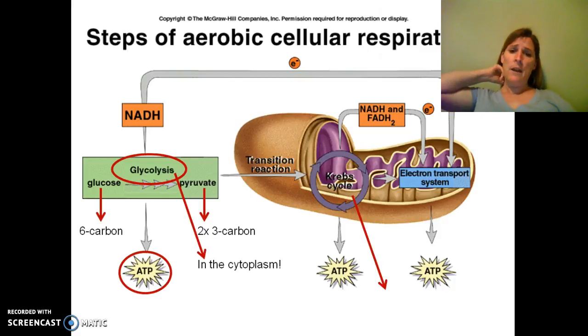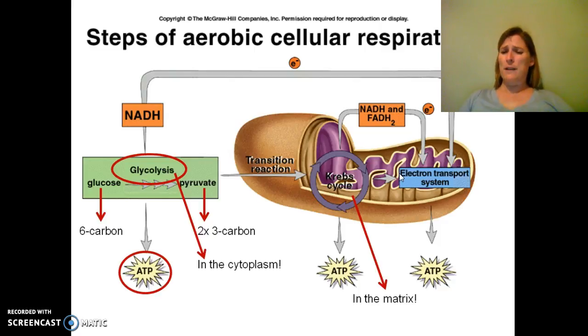Now the Krebs cycle has a lot of steps in it that you don't necessarily need to know, but what's important is that we are going to make NADH and FADH2, and they're going to be stored as energy so that we can then use the electron transport system in that inner membrane to release energy for use by the animal.